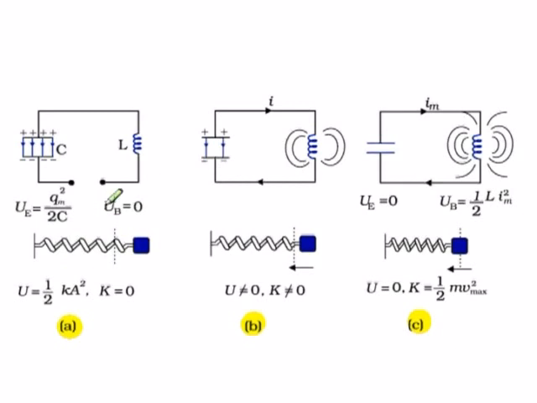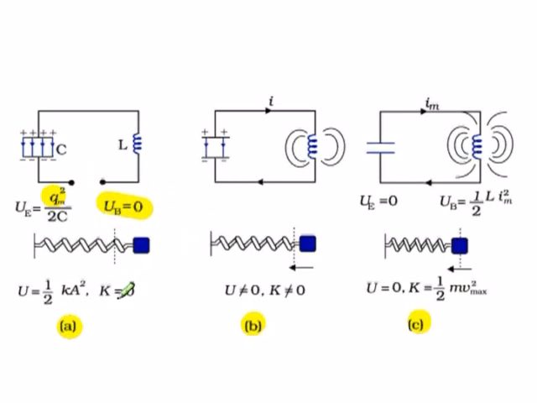As explained before, at start, the energy on the capacitor is Qm square by 2C, because Q is Qm. And since no current flows through the inductor at start, half Li square becomes 0 at t equal to 0. So UB equal to 0, and UE is Qm square by 2C.